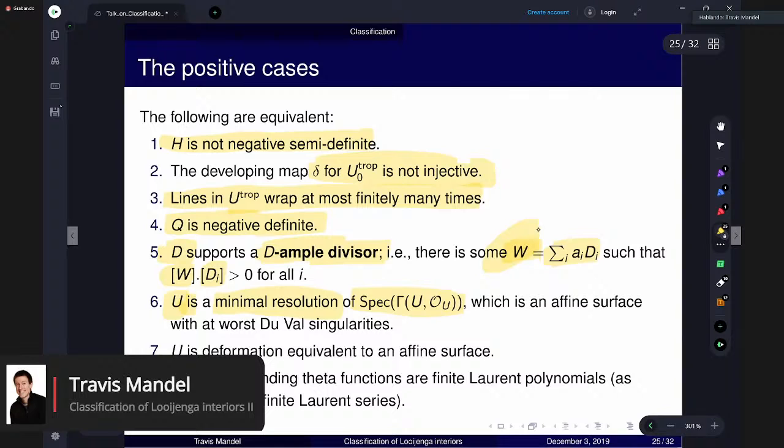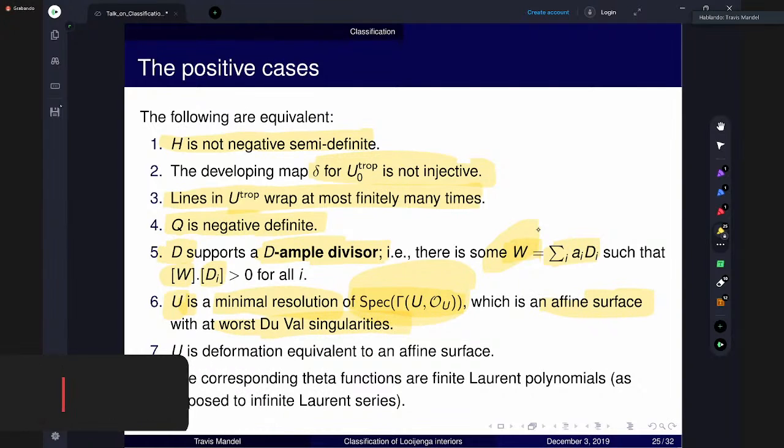And then U is the resolution of that thing you get by contracting those, the minimal resolution of that singular surface. And so then this, spec of global sections of U, will be an affine surface with the worst of all singularities coming from those contracted -2 curves, those contracted things in D perp.